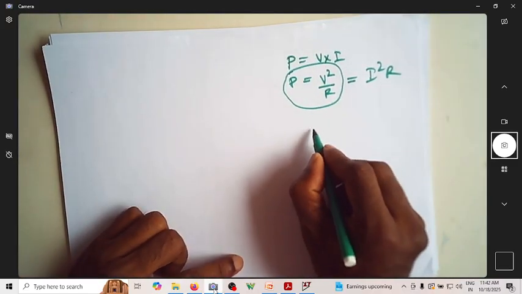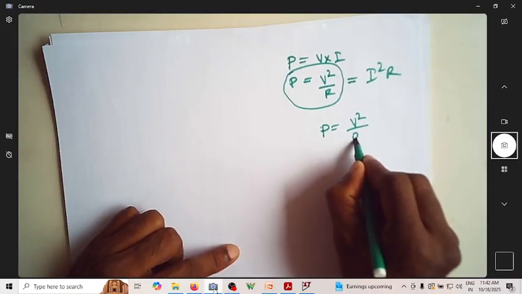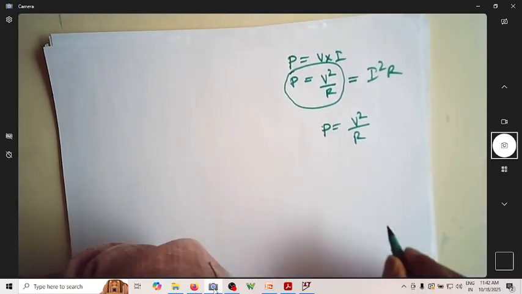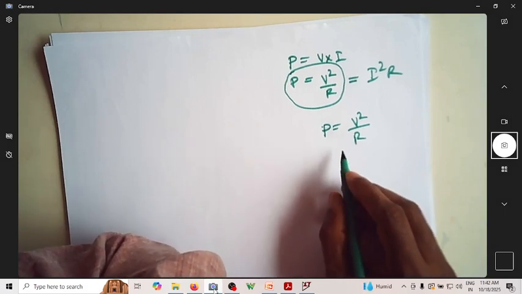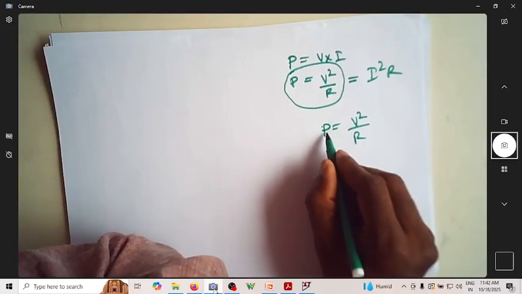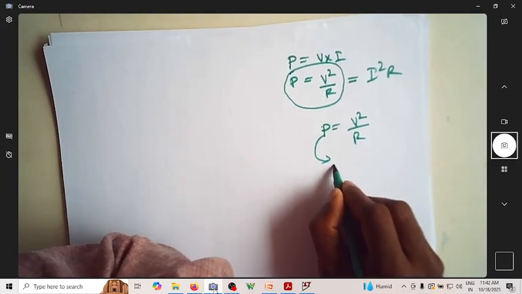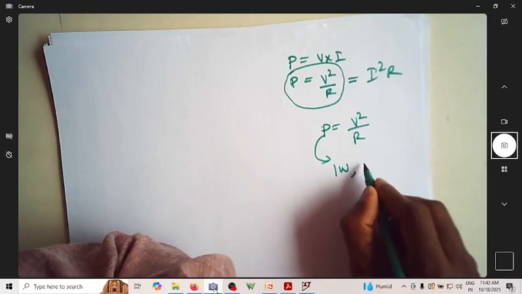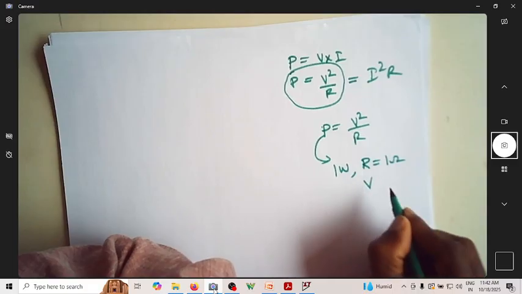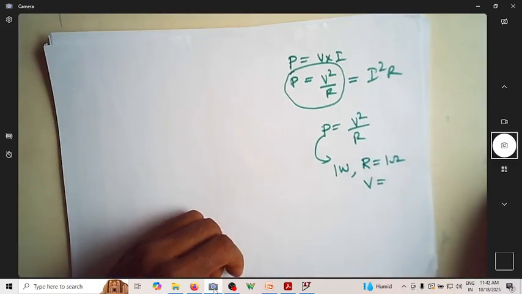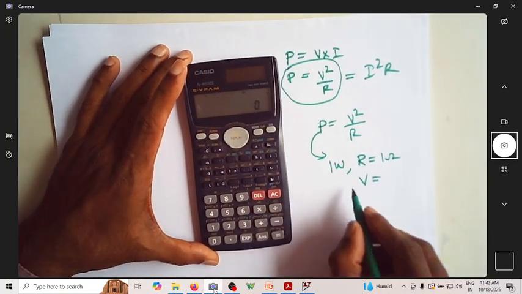Let us take power as V square by R. Suppose power P is equal to 1 watt, and assume the resistance is 1 ohm. Then what is the voltage? Can I find the voltage?